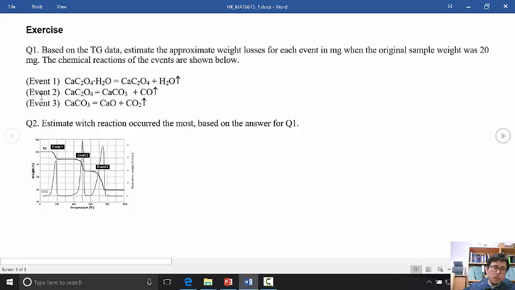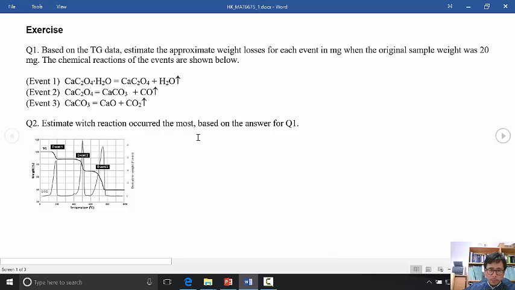The key for event 1, 2, and 3 are shown here. So based on this reaction, you can tell why this weight loss is taking place. Okay, so try to estimate. You need to read this weight loss very carefully, and please try to solve this question.